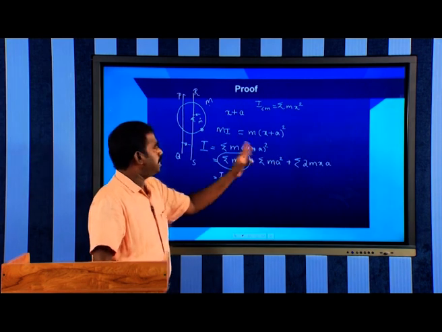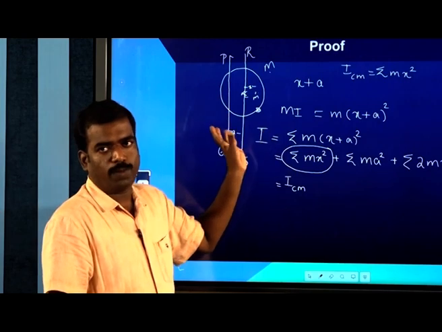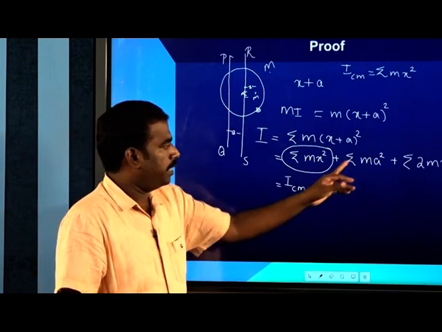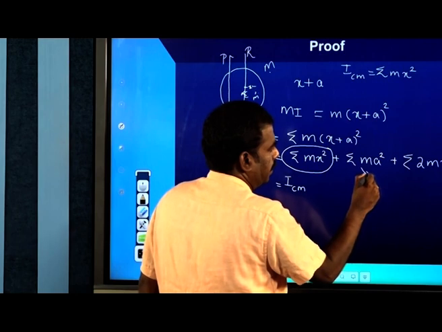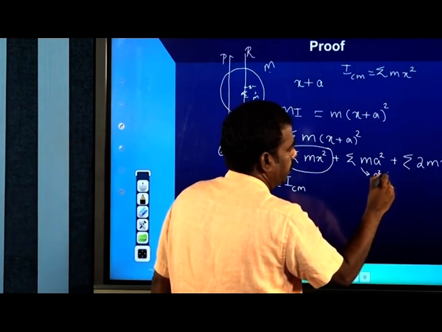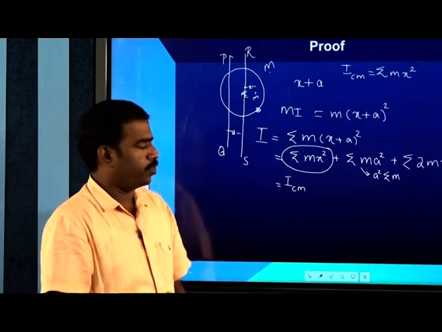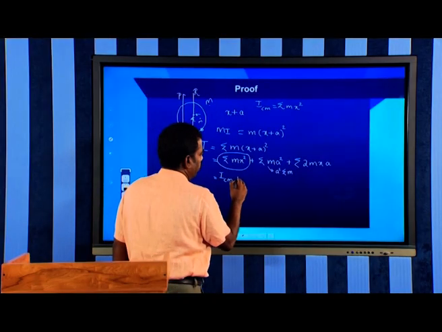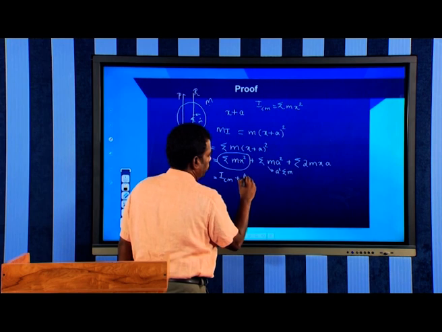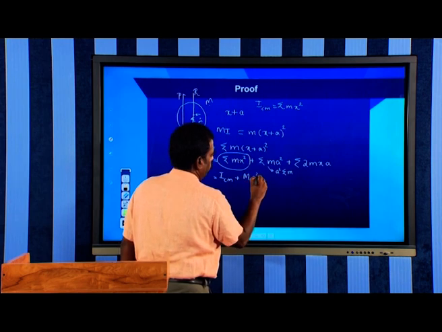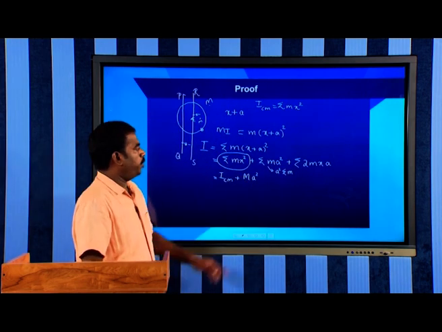What is A? A is the distance between these two axes, it is not varying, it is a constant. So, you can rewrite this term as A square into sigma m. What is sigma m? It is the total mass of the body. So, the second term is M into a square: ICM plus M a square.